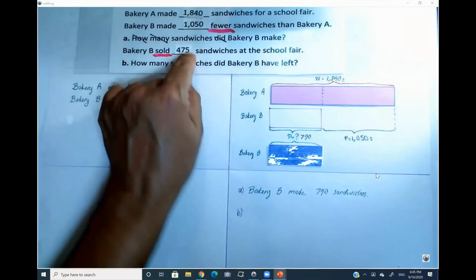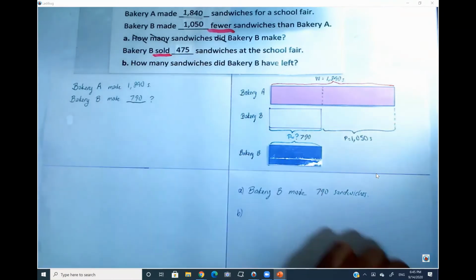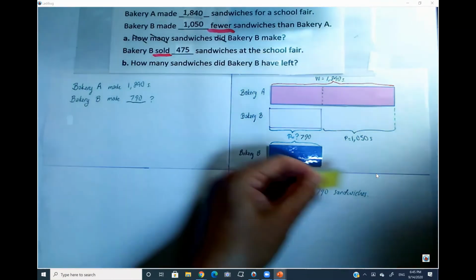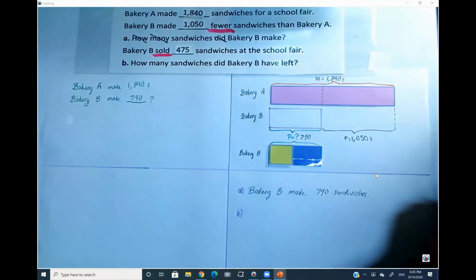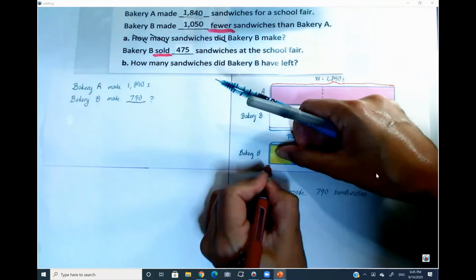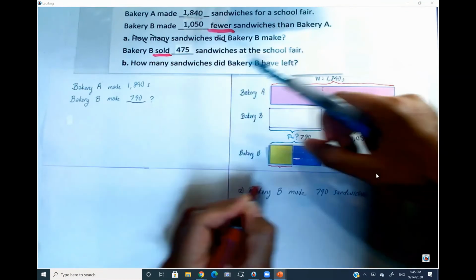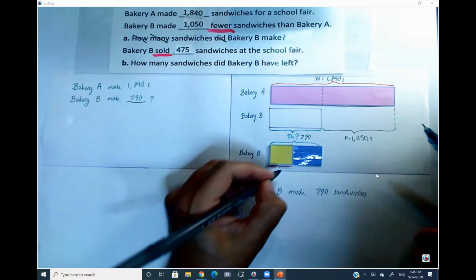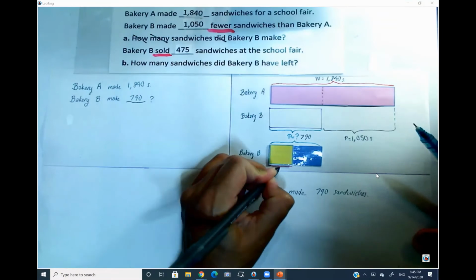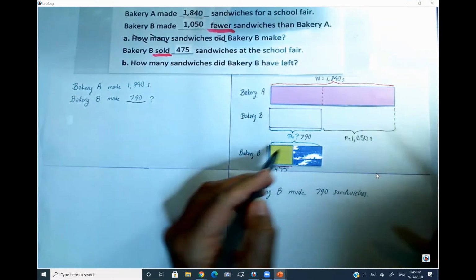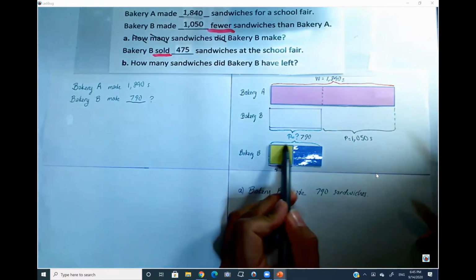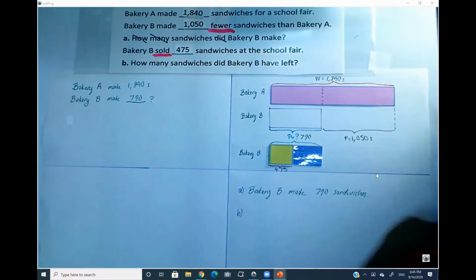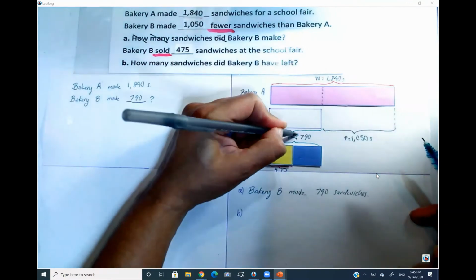So if they have 790 and they sell 475, this is going to represent those sandwiches. And then we know that they're going to sell 475 sandwiches. Now I'm going to think differently because now this bar, the longest bar, now it's not going to be the part. This bar now becomes the whole.